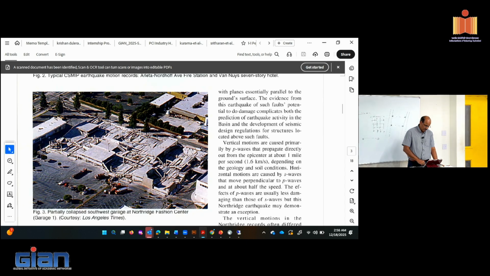The vertical elements are all standing, implying that the end region where the beam or slab was supported or connected failed and just took the floors down without bringing the columns down. If the connection was robust, then it should have taken the entire structure down, right? It should have moved sideways, or collapsed and taken the columns with it. So that implies the connection didn't perform well.